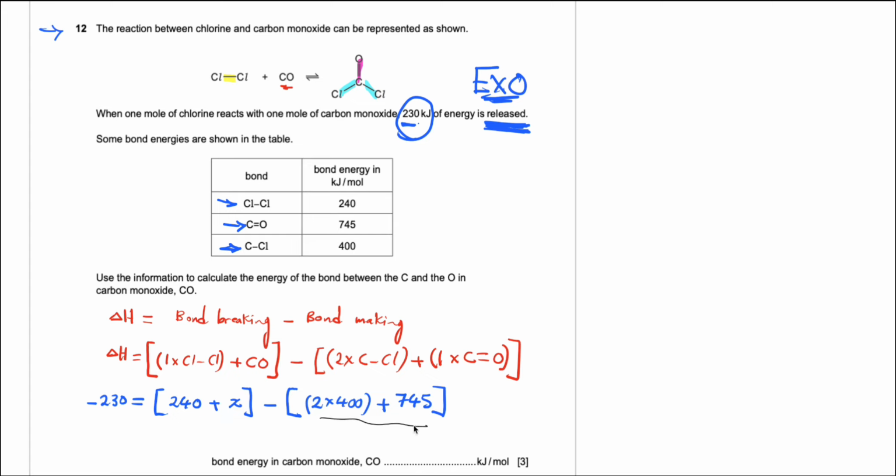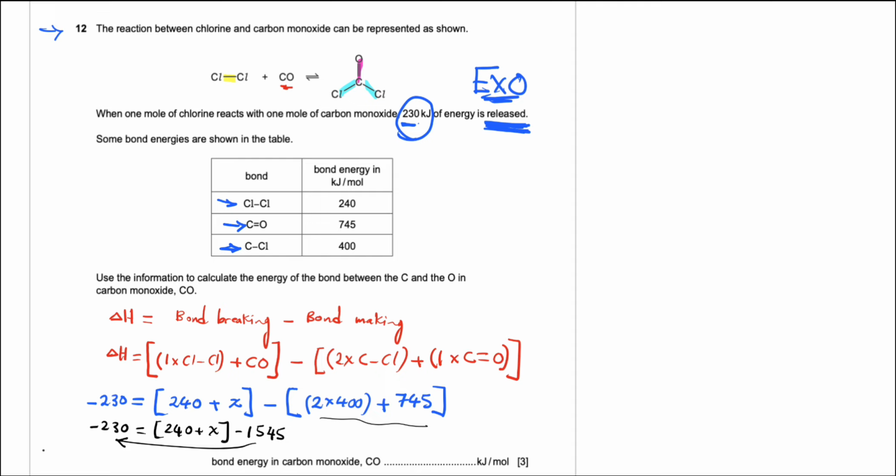So if you multiply 400 times 2 and you add 745 to it, that's going to simplify the equation into negative 230 equals 240 plus x minus 1545. Now you may move that negative number to the opposite side of the equation as a positive number.